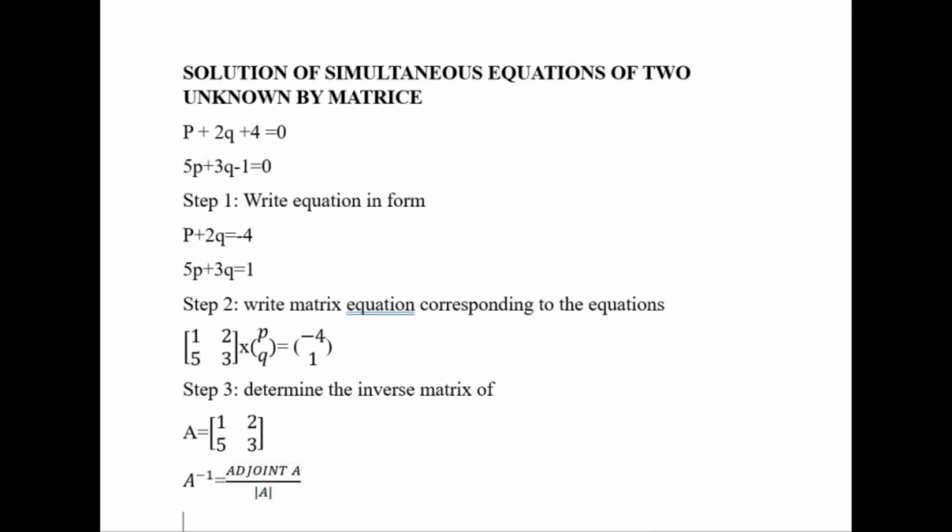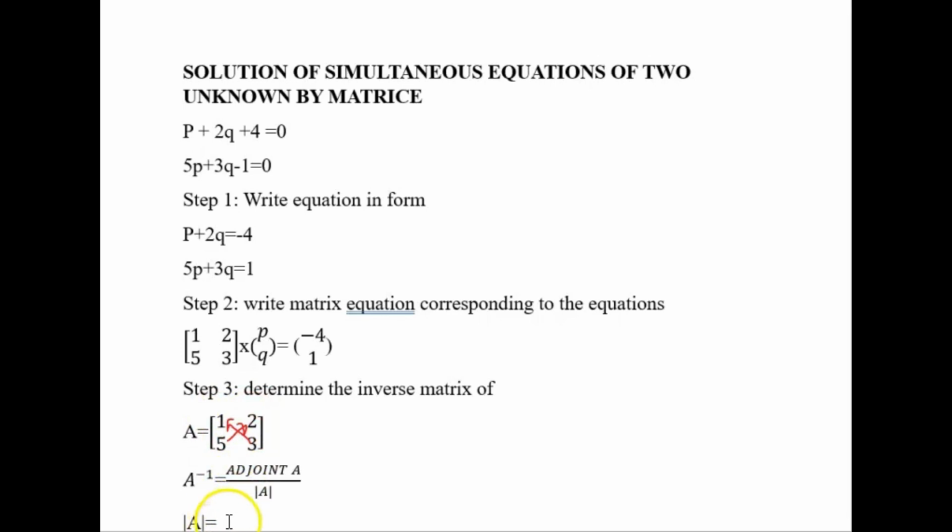So we start with getting the determinant of A. To get the determinant, you multiply starting this diagonal times the other diagonal. So we start with 3 times 1 minus 5 times 2.